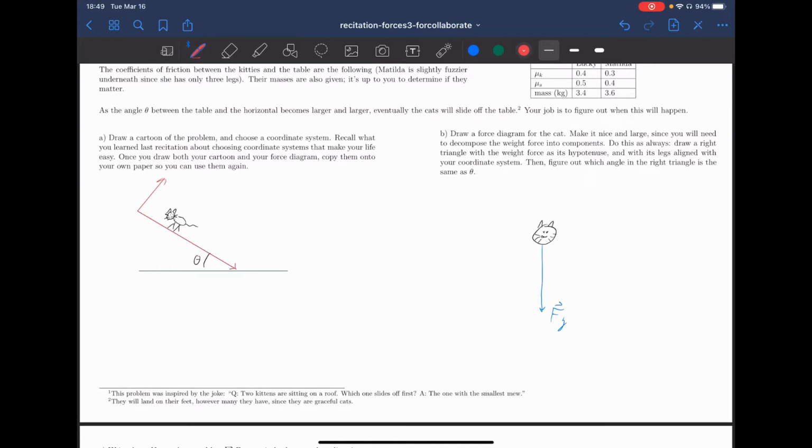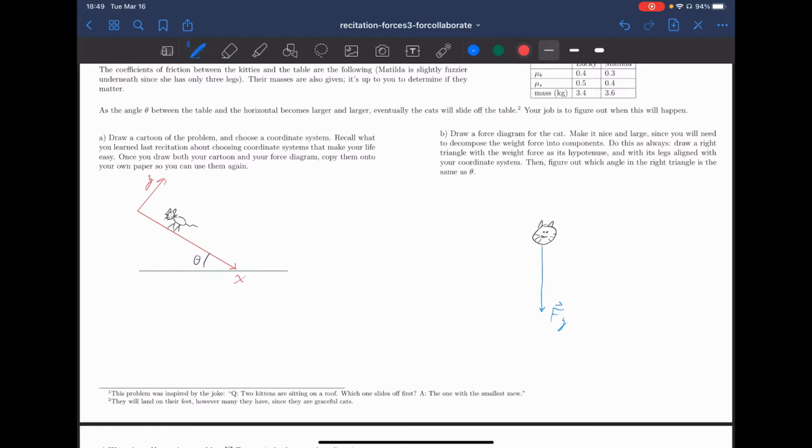So this is the x and the y. Had that backwards. This will make our problem a lot simpler.